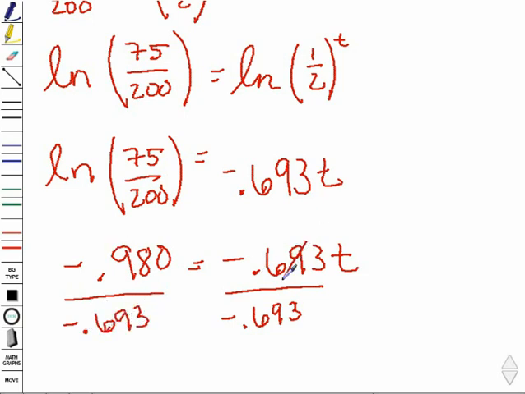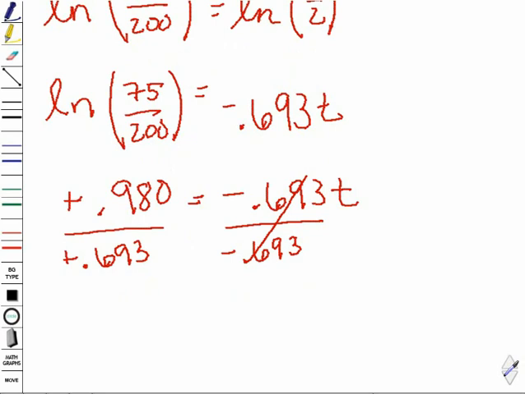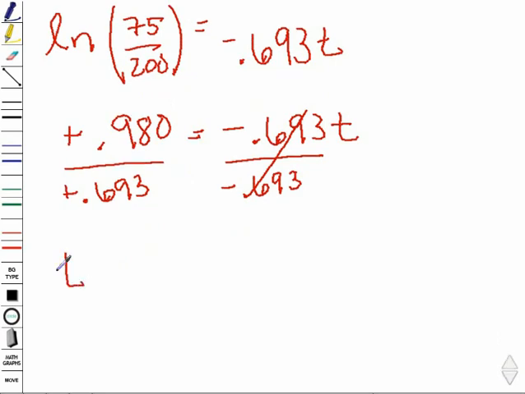So we have them canceling on the right. We have a negative divided by a negative, which cancels and makes a positive. So we get a final answer of t equals 1.42 half-lives. So 1.4 half-lives have passed.